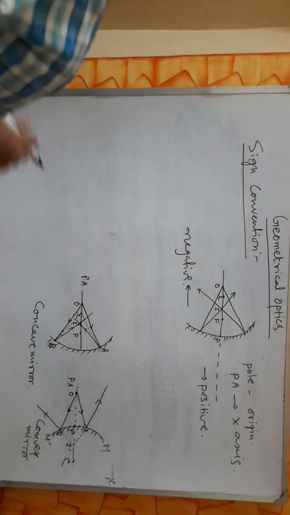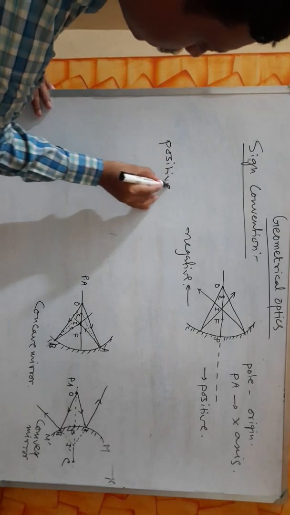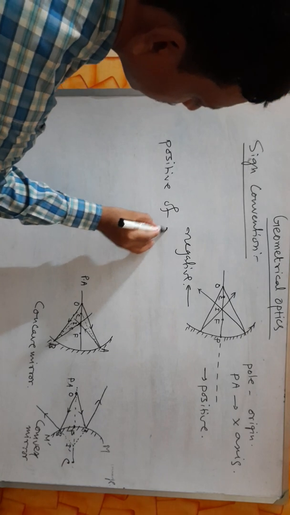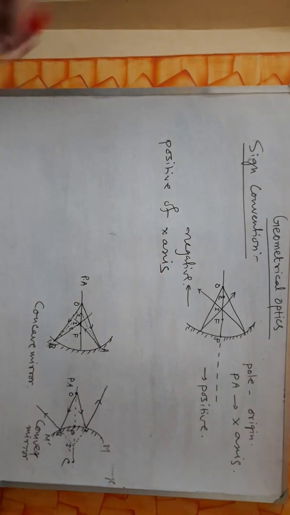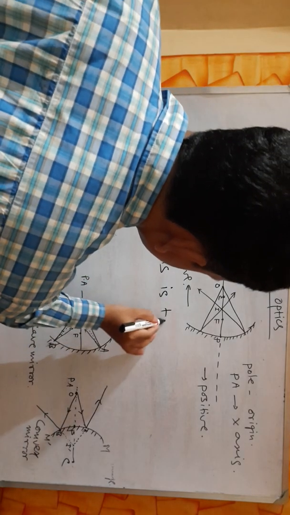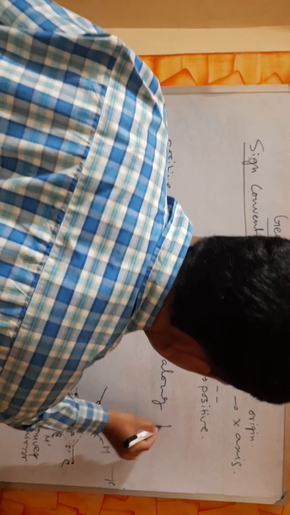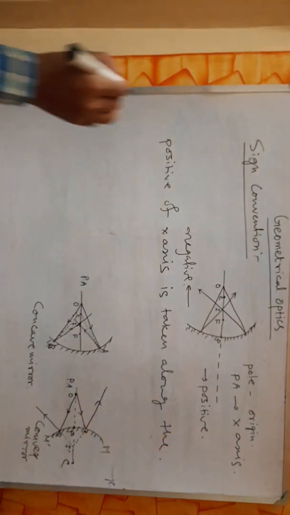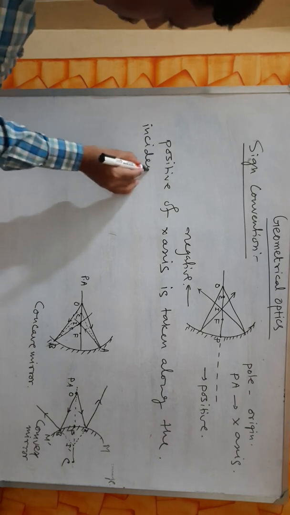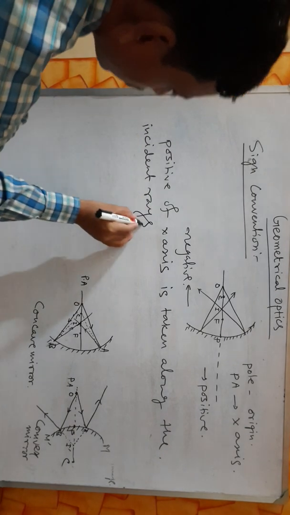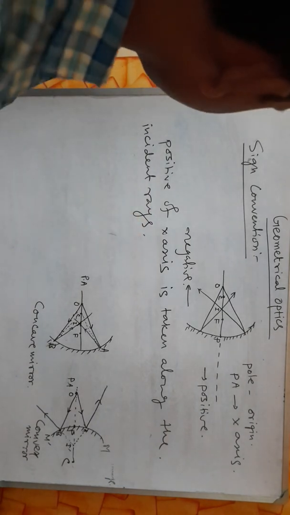The positive x-axis is taken along the incident rays.